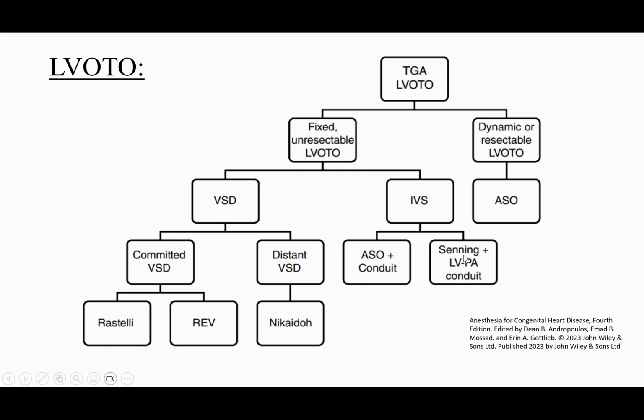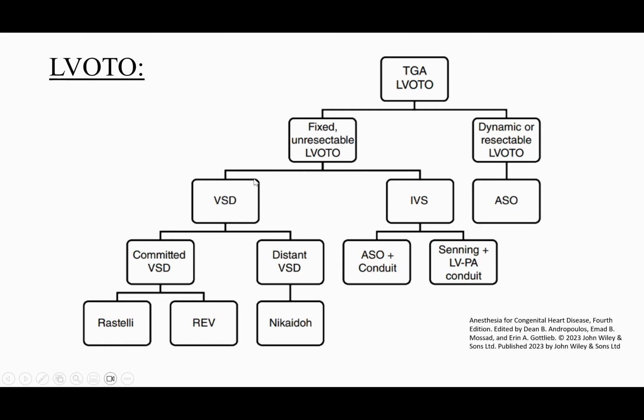This is what we will do in an LVOT obstruction. If there is a TGA with an LVOT obstruction, if it is dynamic or resectable, we resect it and do an arterial switch operation. If it is fixed or unresectable, then if the interventricular septum is intact, we do a Senning or Mustard operation, plus or minus an LV to PA conduit, or we do a switch and a conduit.